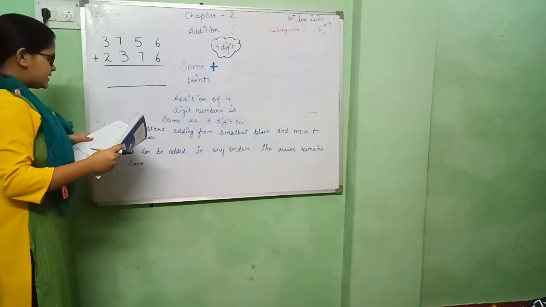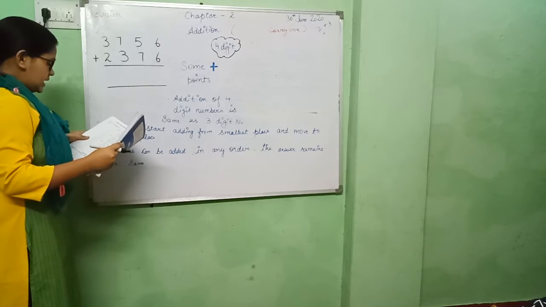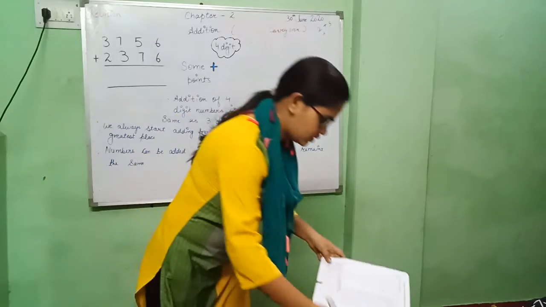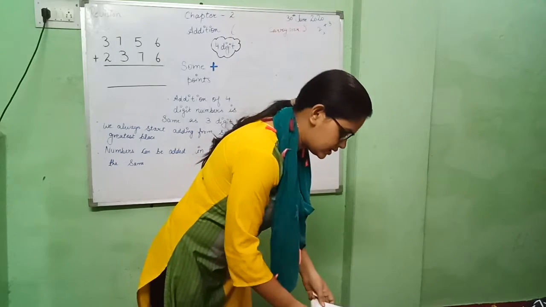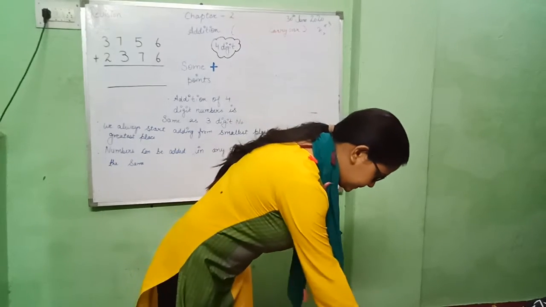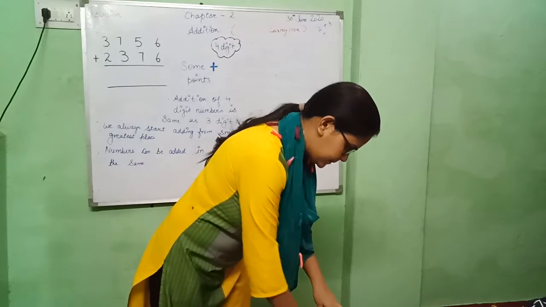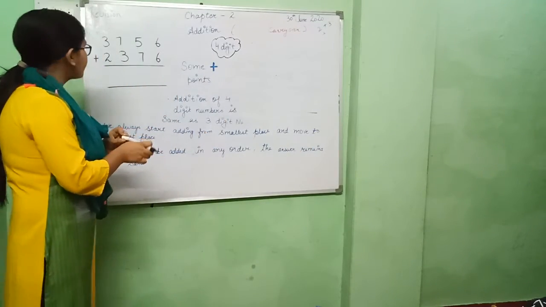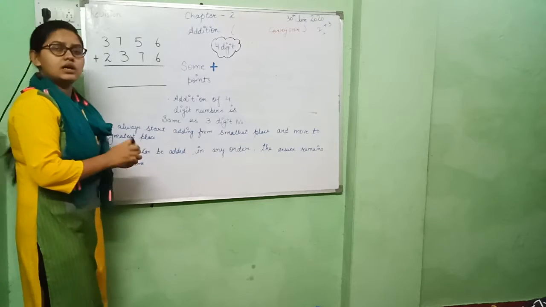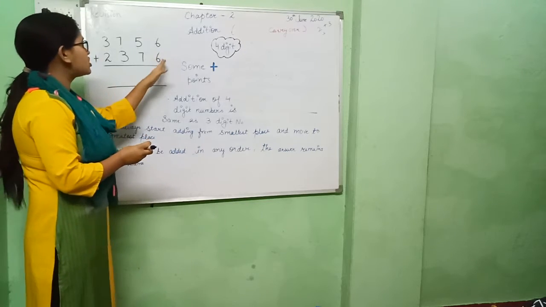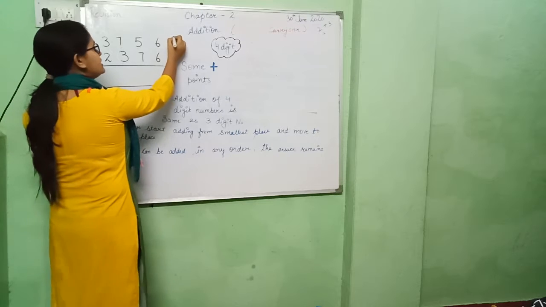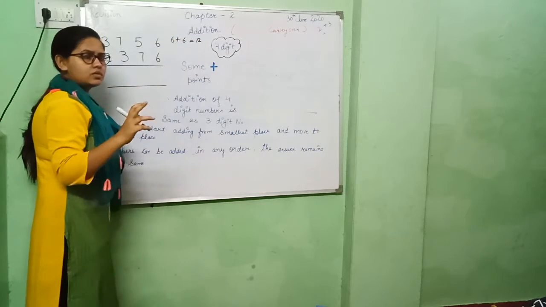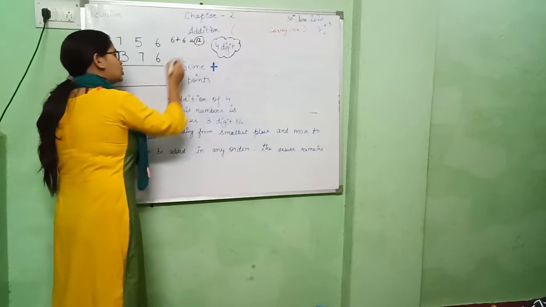Okay students, so you can see here what we have to do. So let's take a look, right? You can see here when we plus 6 and 6, which becomes 12. But we can't take these two digits here.